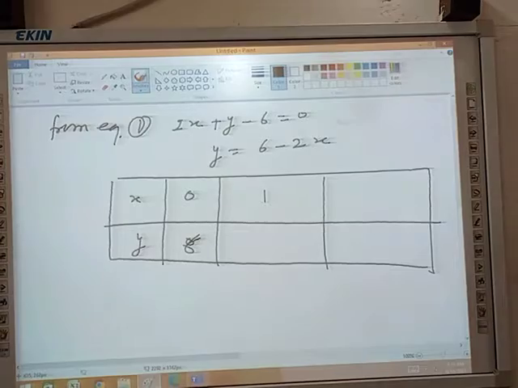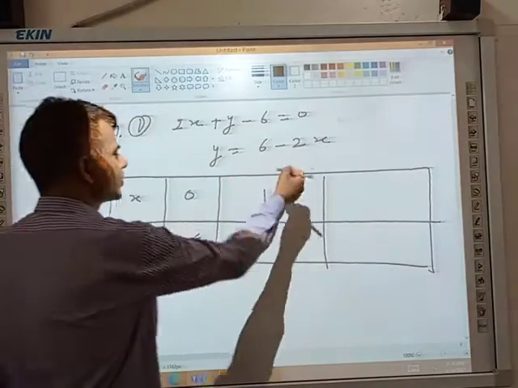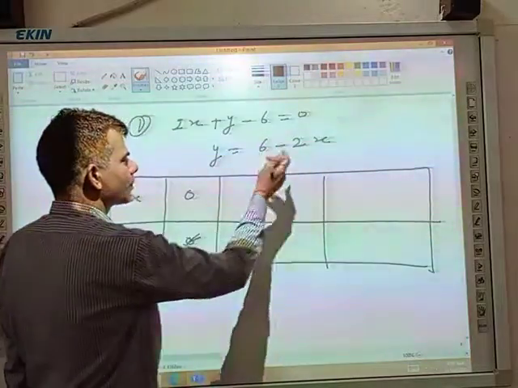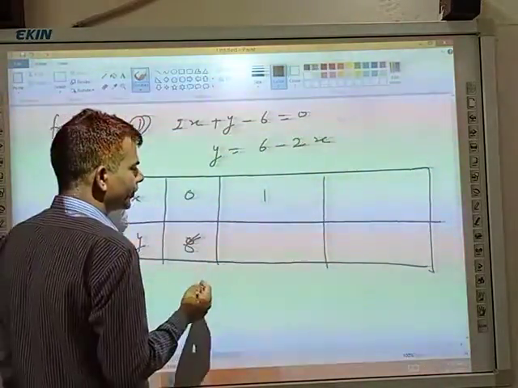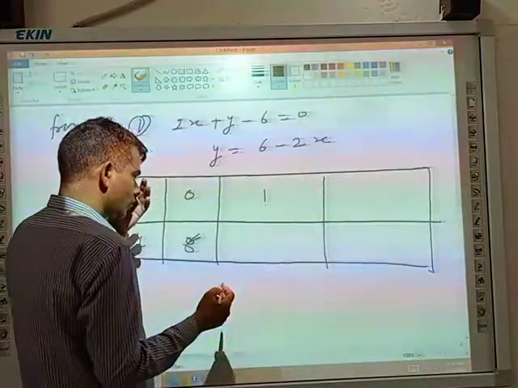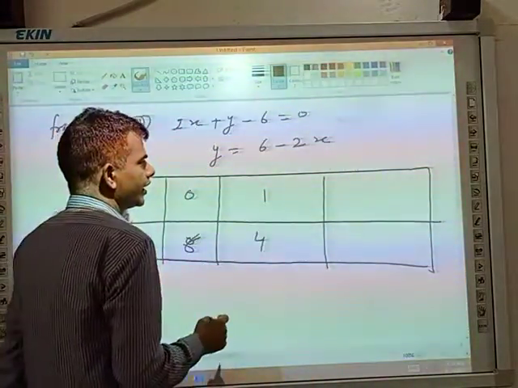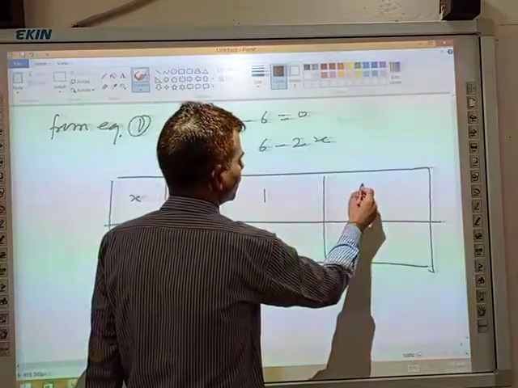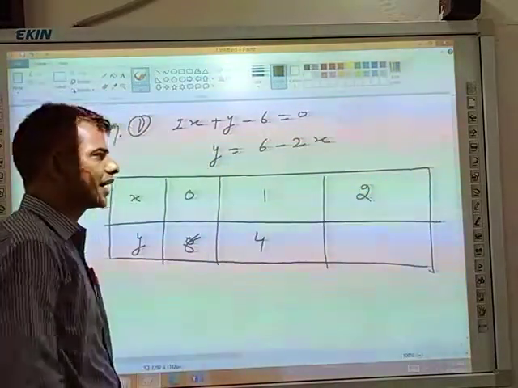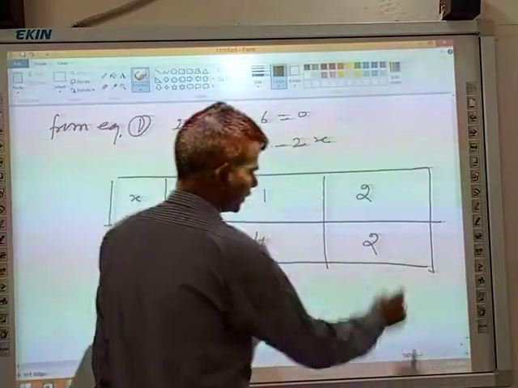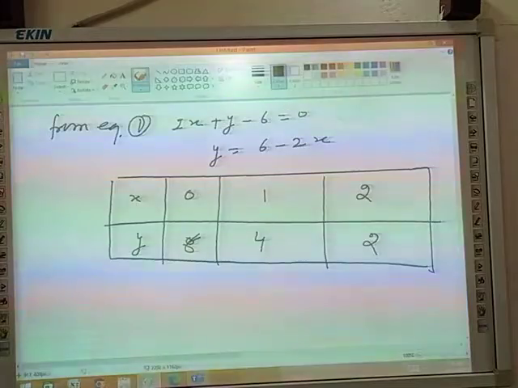Replace x with 1, 6 minus 2 ones are 2, 6 minus 2, y is equal to 4. If we replace x with 2, then 2 twos are 4, y will be 2. So the points are (0, 6), (1, 4), (2, 2). Students, any doubt, any problem?